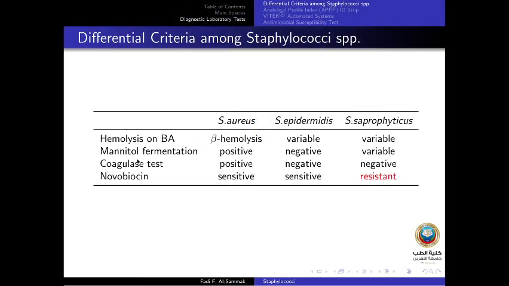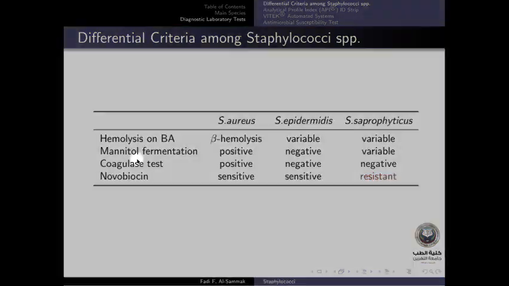And so after the identification of staphylococci, the next step is how to differentiate between the different species. Well, we have this table, and we have these tests on the left-hand side, and here are the species.